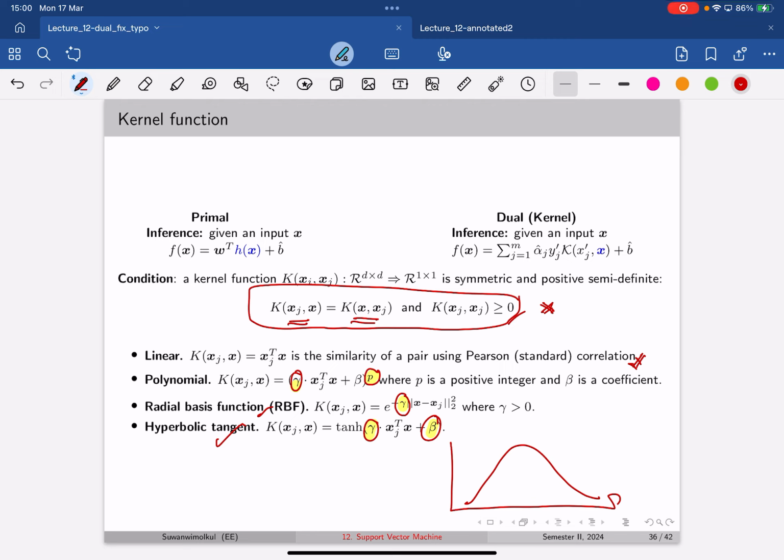But since they are hyperparameters, you can find them by performing validation, or cross-validation if you don't have a lot of data points.